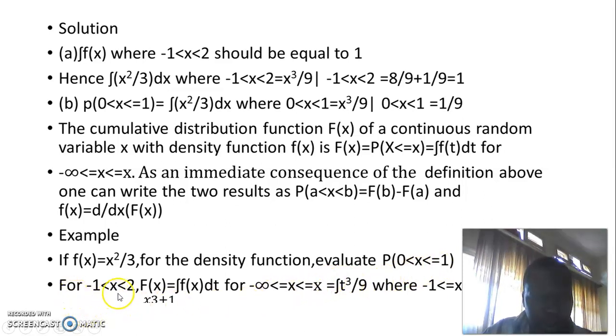So for our x between negative 1 and 2, our capital F of x is equal to the integral of small f of x dt. Remember, our f of x is equal to t squared over 3.